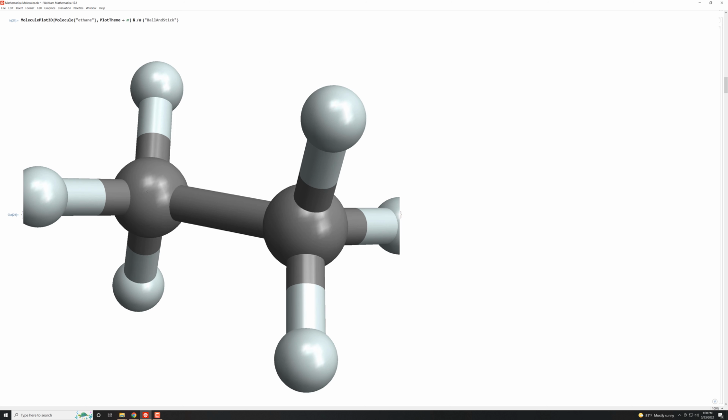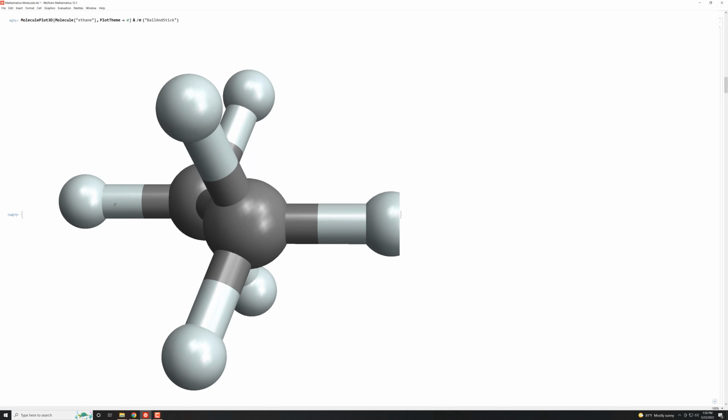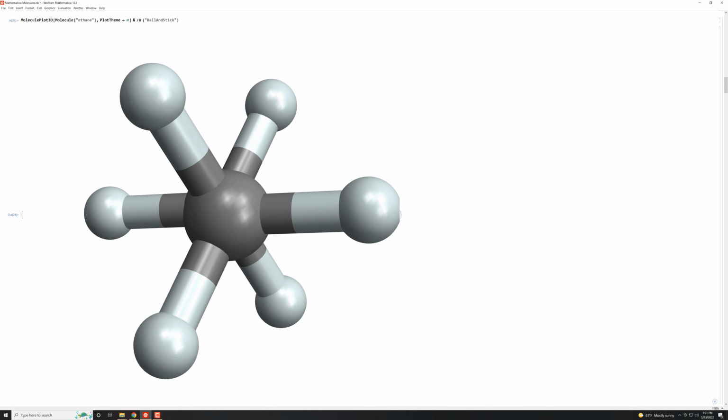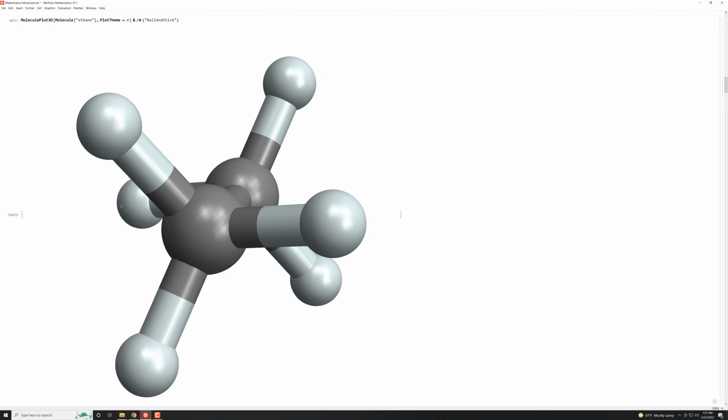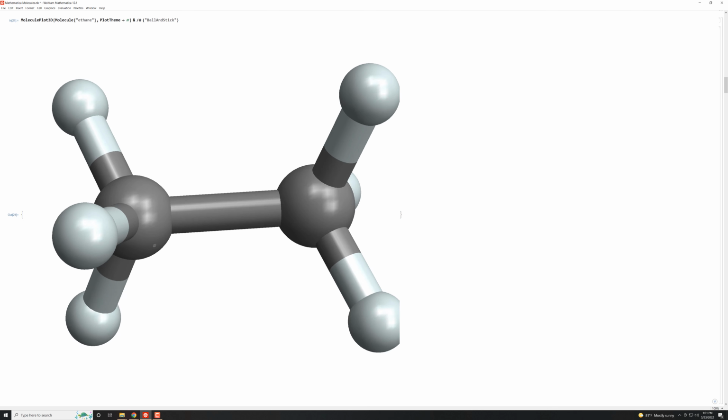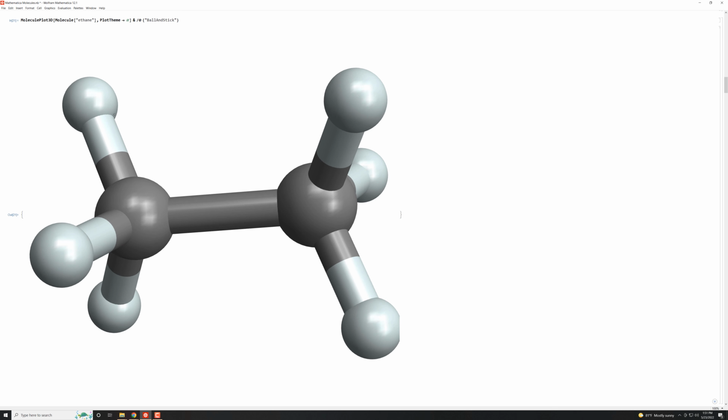So this left-hand carbon over here is connected to 3 hydrogens, and the other carbon, that's its 4 bonds, and then a similar thing is going on over here. So again, notice that the hydrogens are not exactly lined up when you look at them end on. We're going to talk about why that is in a minute, but you can see that it's very easy to understand: 2 carbons connected by a single bond. Each of the carbons is, again, connected to 3 hydrogens. All right, now let's go on to the next one.